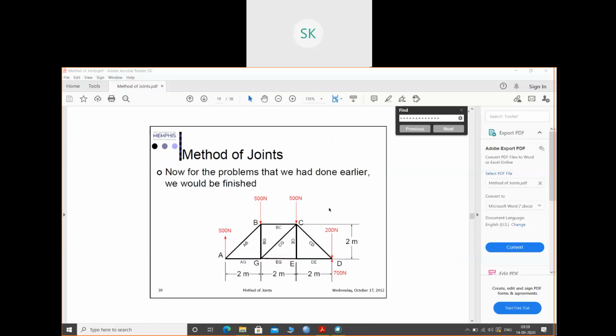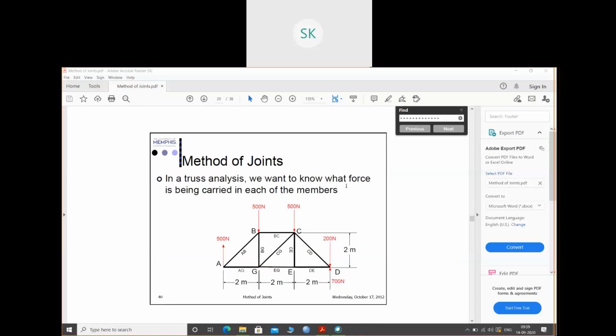So next, the problem that we had done earlier, we will finish. Okay, so this is our problem. In a truss analysis, we want to know what force is being carried in each of the members. Basically, why are we doing all these reactions?